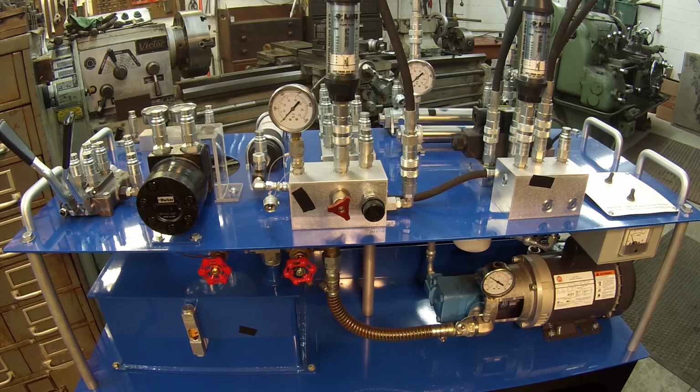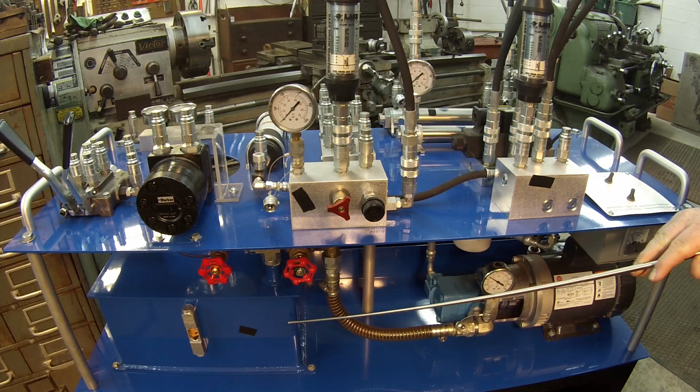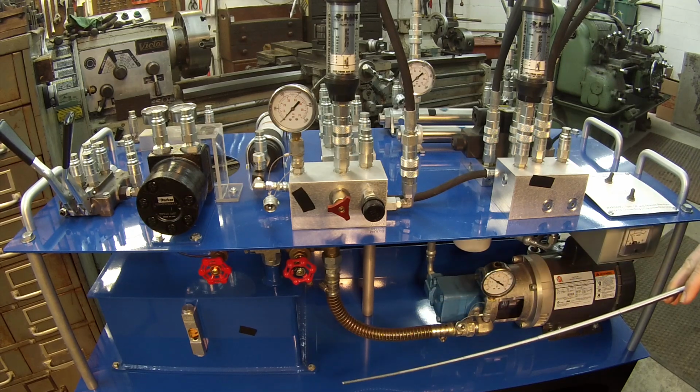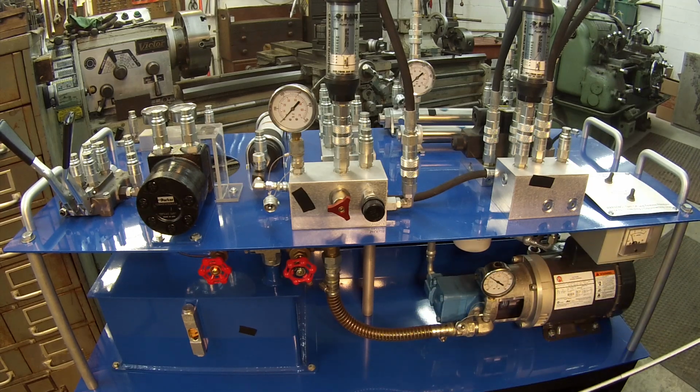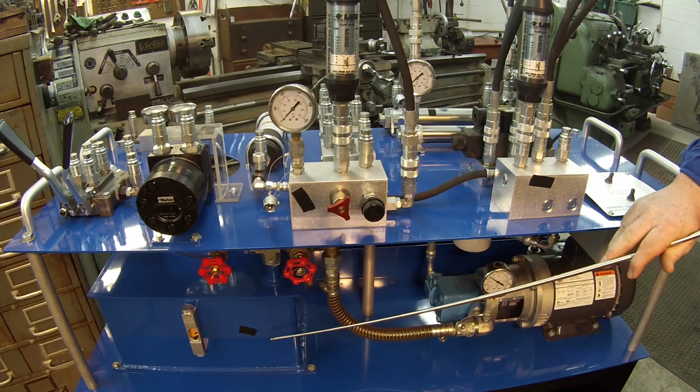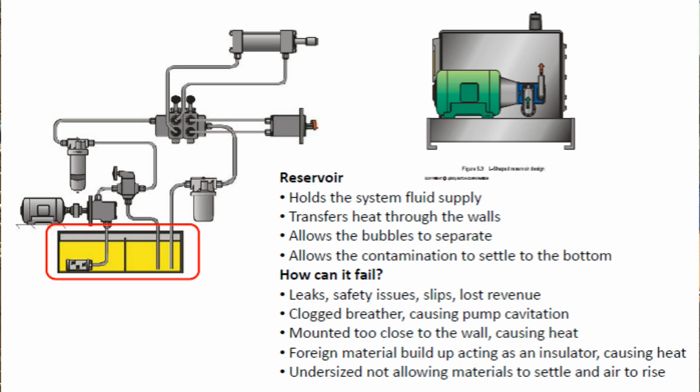So the first thing we want to talk about is the hydraulic reservoir. A lot of people think that the hydraulic reservoir is just dumb and square and holds oil, but it really does several other things. I want to make sure that people understand that. The function of a hydraulic reservoir is it holds the system fluid supply, it transfers heat through the walls, and it allows bubbles to rise to the top.